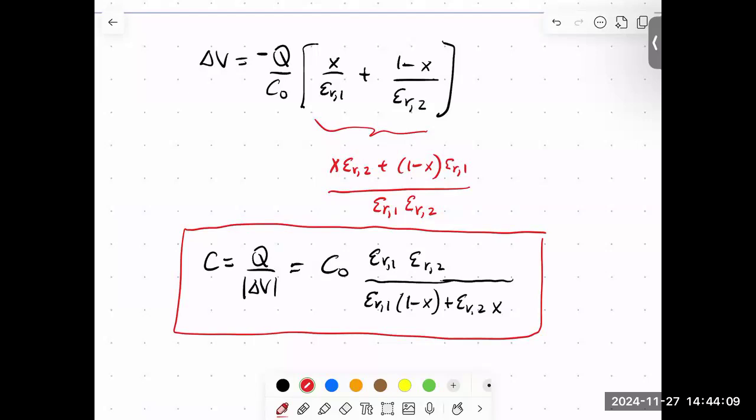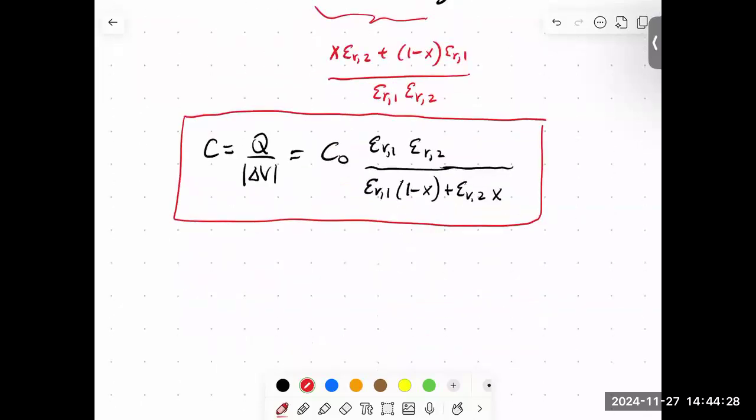If I divide by Q, delta V over Q, that's 1 over C. Then I have 1 over C naught times that dielectric constant, which is like 1 over C1, and 1 over C naught times the second dielectric constant, which is like 1 over C2. So effectively, we have a set of series capacitors.